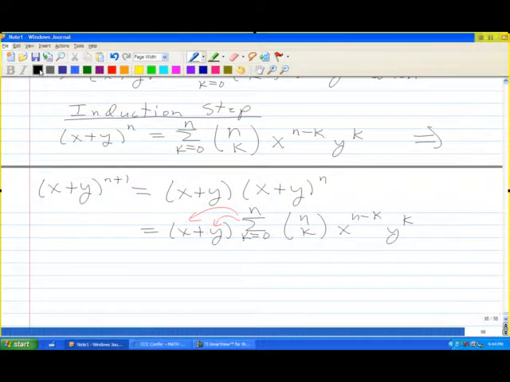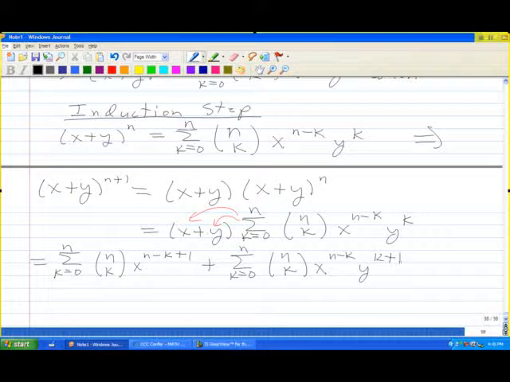And so this is equal to the sum k equaling 0 to n of, well, let's multiply by x, so that's n choose k, x to the power n minus k plus 1, plus, well, let's multiply the y, the sum k equaling 0 to n of n choose k, x to the n minus k, y to the k plus 1. So I'm adding one more.